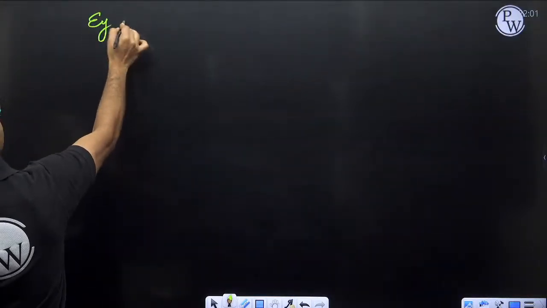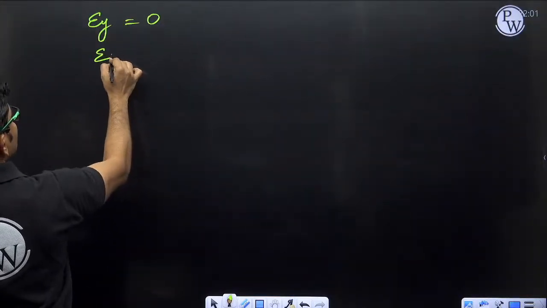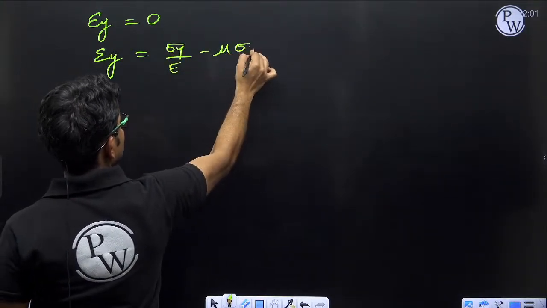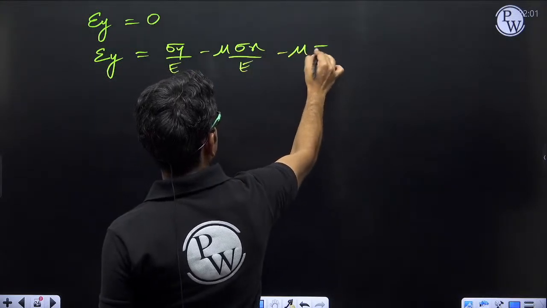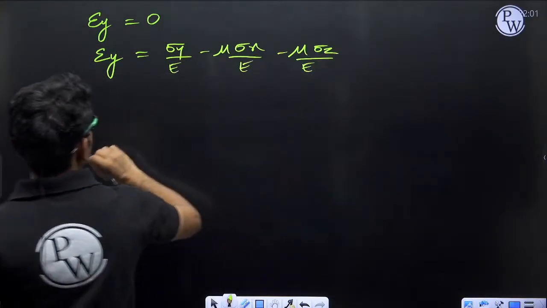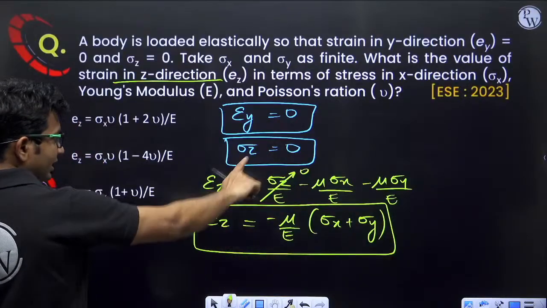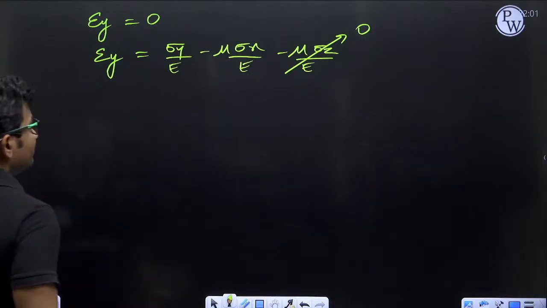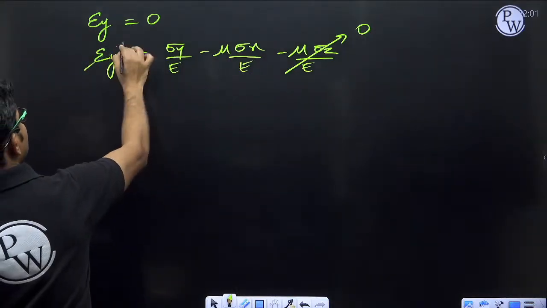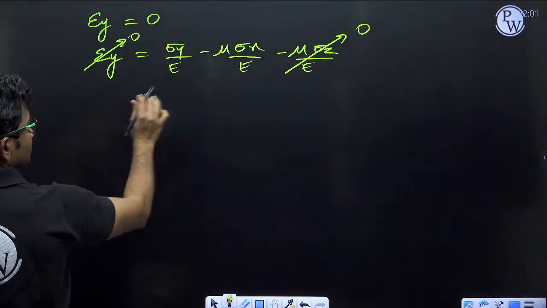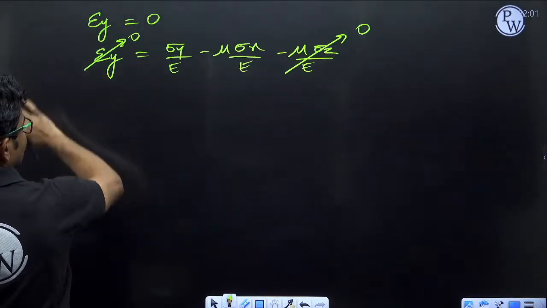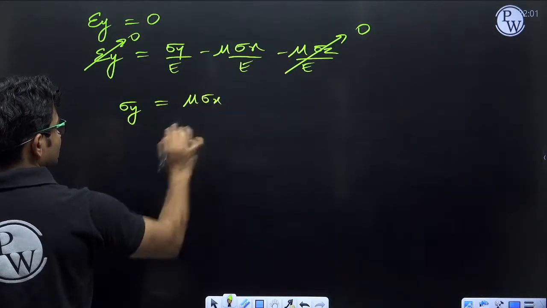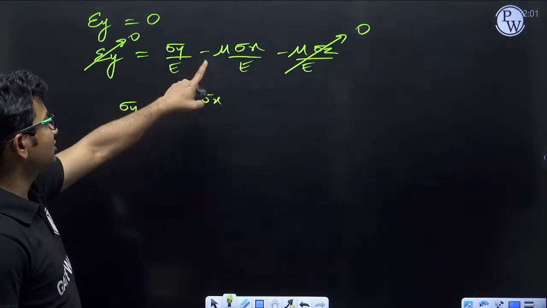So when we know that epsilon y is equal to 0, we can use this relationship: sigma y by E minus mu sigma x by E minus mu sigma z by E. Now sigma z we already know is 0, so this term will become 0. Sigma x has some definite value, and strain in y is 0, so this E will come common and cancel out. So sigma y is equal to mu sigma x.